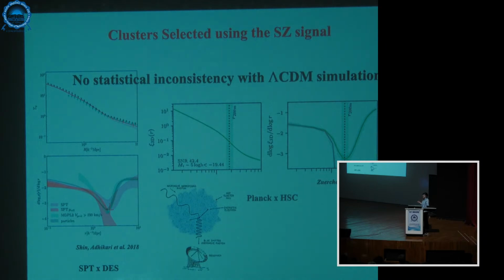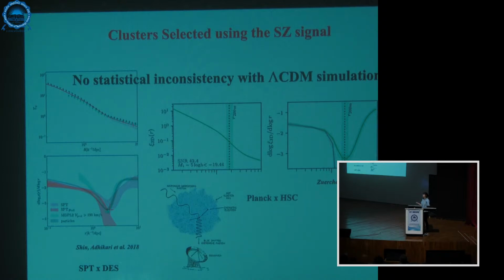When we look at SZ clusters, we actually find no significant inconsistencies with lambda CDM. This is in SPT, with SZ clusters selected using the SPT survey, and these are SZ clusters selected using the Planck survey, and this was SPT cross DES and Planck cross HSC.